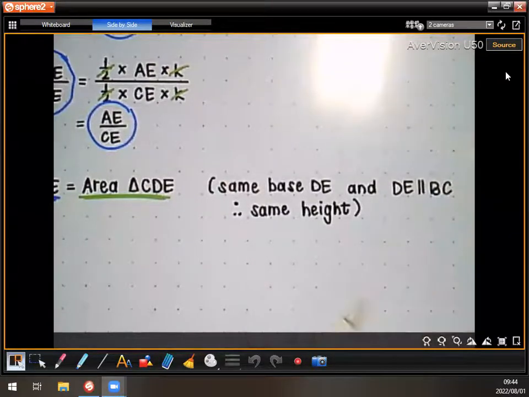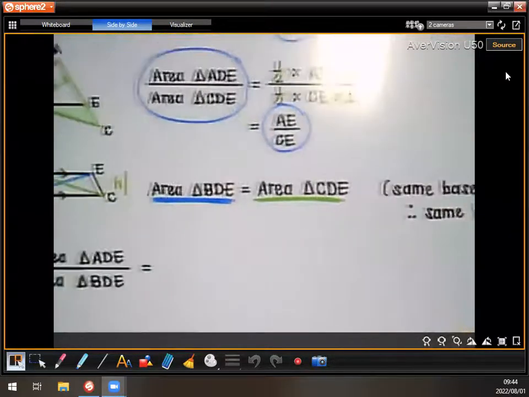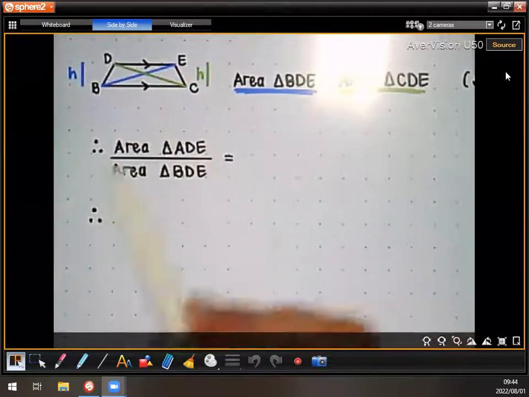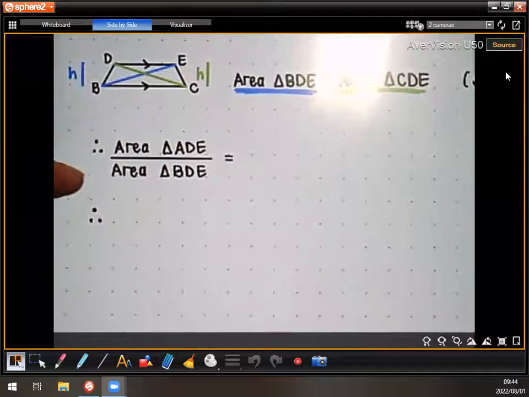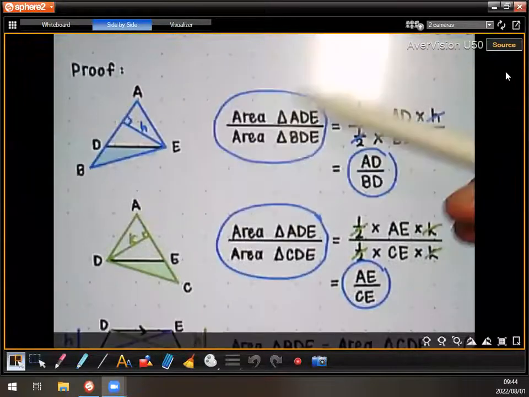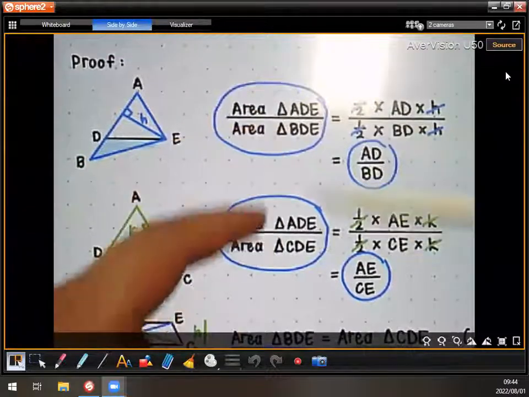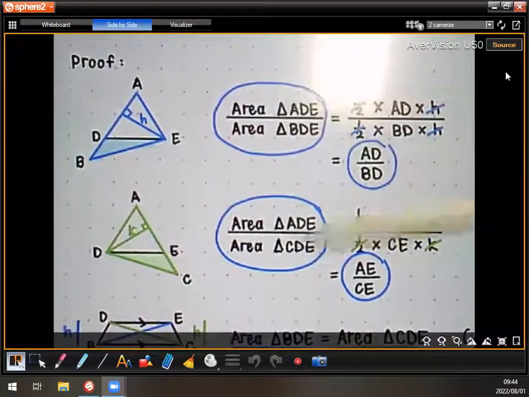Okay, almost done, guys. Now we're going to go back to that side of the page. Do you notice that this was the first fraction that we proved? ADE over BDE is that one there. Now, guys, because we've just proven that BDE and CDE have the same areas, these two fractions are equal.